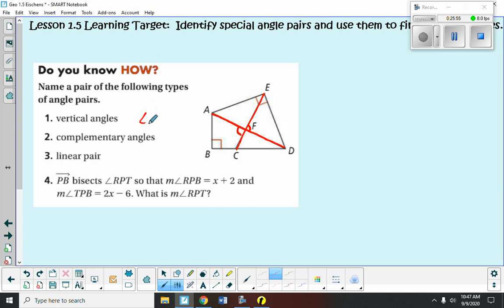So angle ACB and angle, so AC, did I say C? I said that wrong, sorry. AFC, how about that? Angle AFC, and then angle EFD.